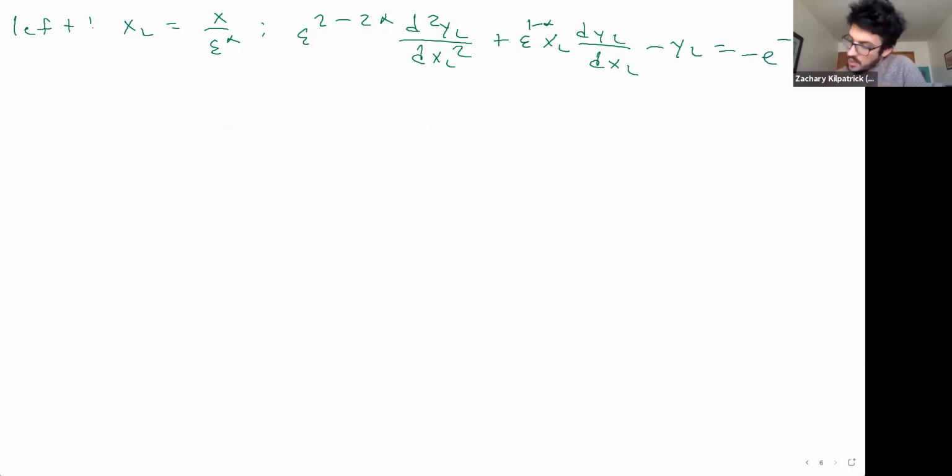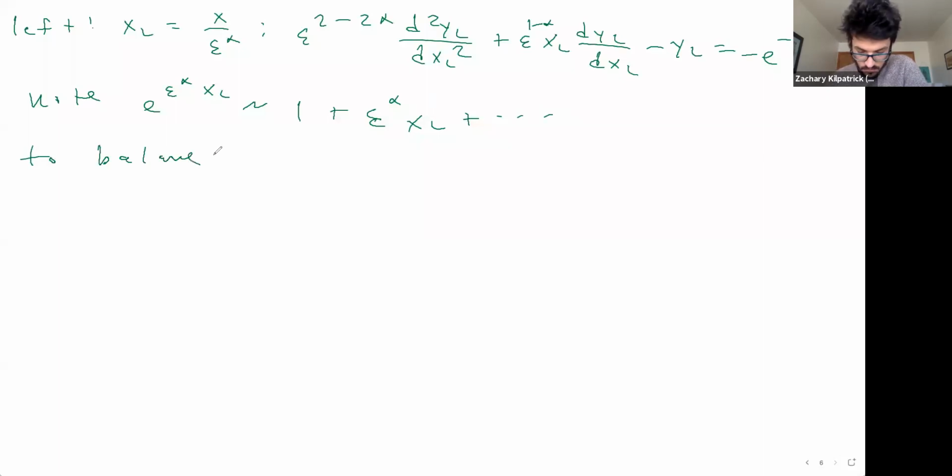Now we'll note that e to the epsilon to the alpha xl is approximately equal to 1 plus epsilon to the alpha xl, this expansion. We remove this additional alpha here, like with this term.